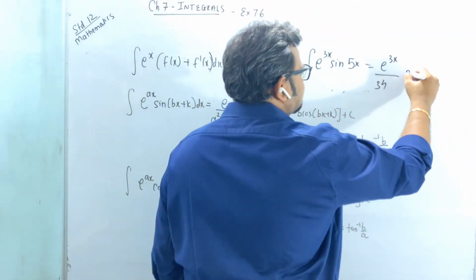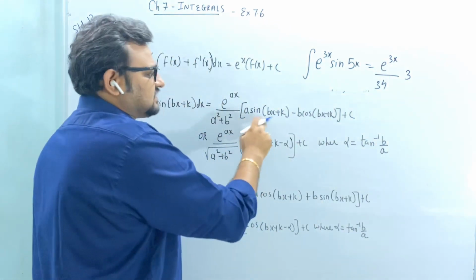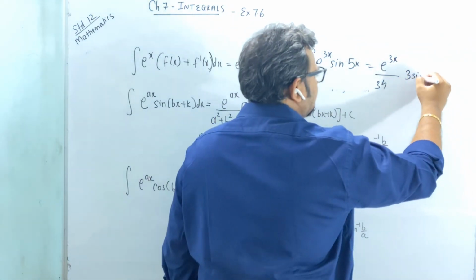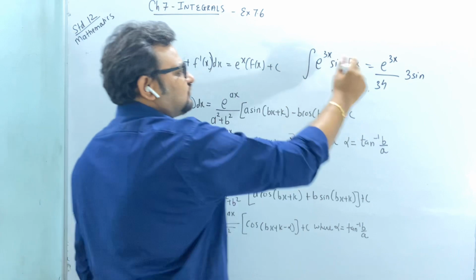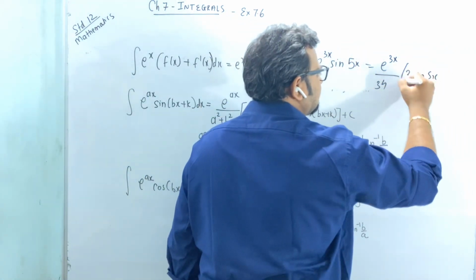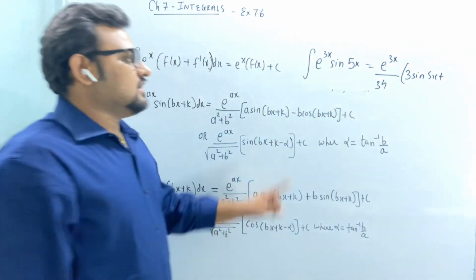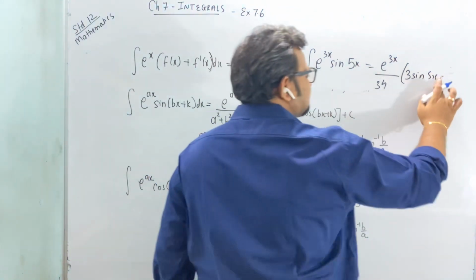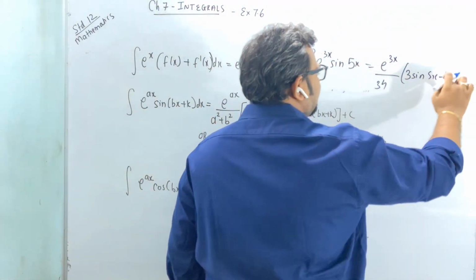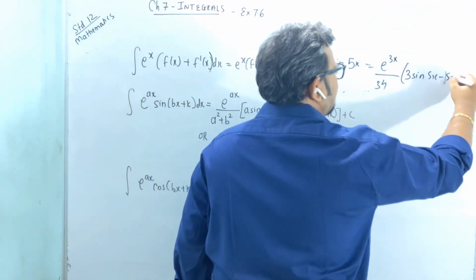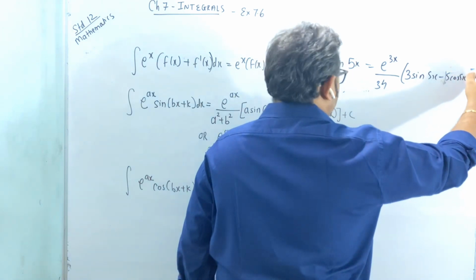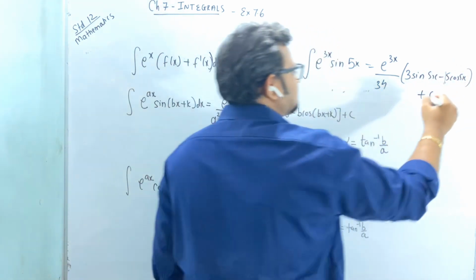Then a sin(bx plus k), so 3 sin 5x, minus b, what is b? 5 cos 5x, plus c.